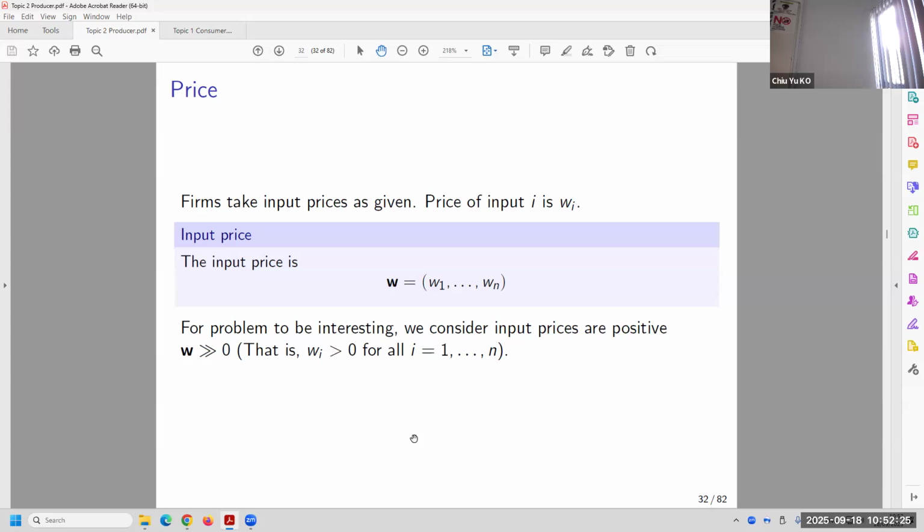It's well known in the industrial organization literature that firms are not price takers in the product market, which has been well studied since the 60s. But in the recent 5 to 10 years, the economic literature also drops this assumption, so that the firm is no longer a price taker in the factor market.